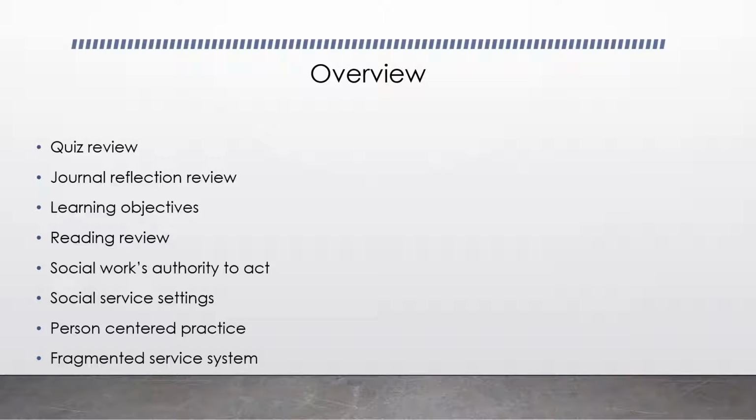We're going to talk about person-centered practice, so how we still maintain a person-centered, strengths-based approach even in bureaucratic systems. And we're going to talk a bit about the problem of fragmented service systems. We're going to watch a video with that, which I hope will help further explain not only why our systems are fragmented, but also ways that we could work to reduce fragmentation.